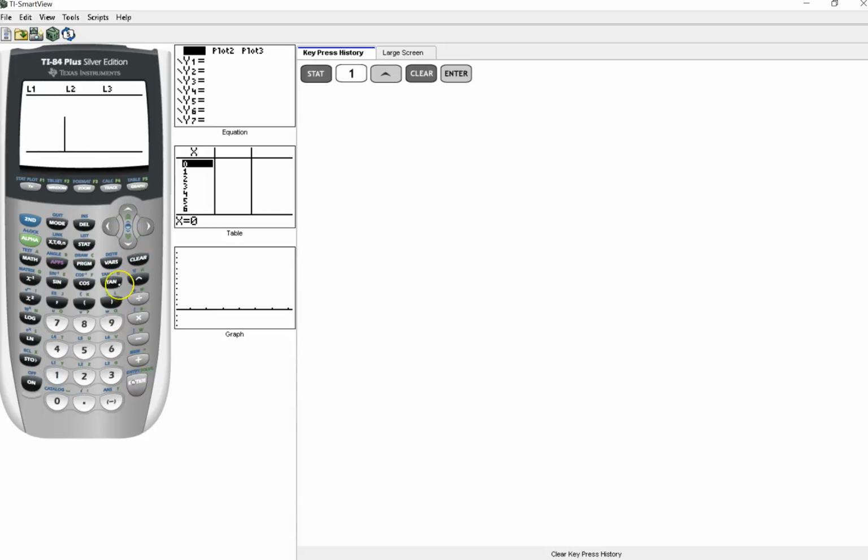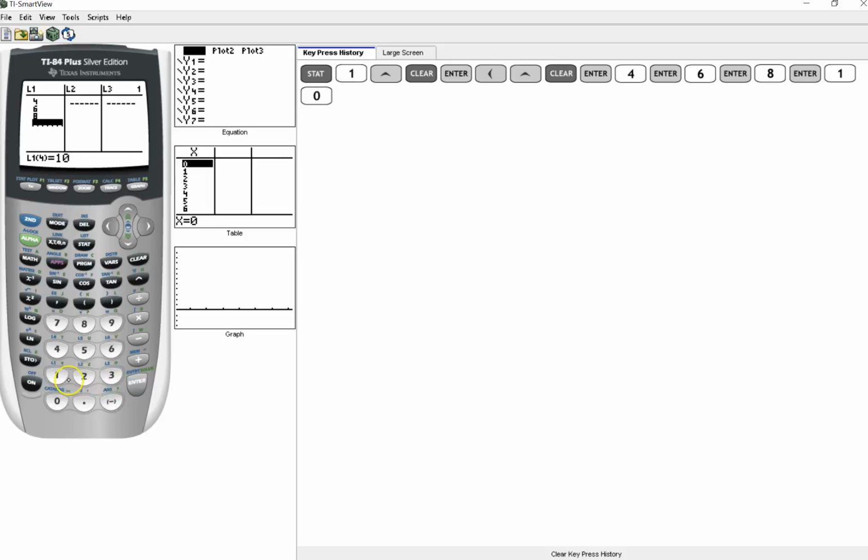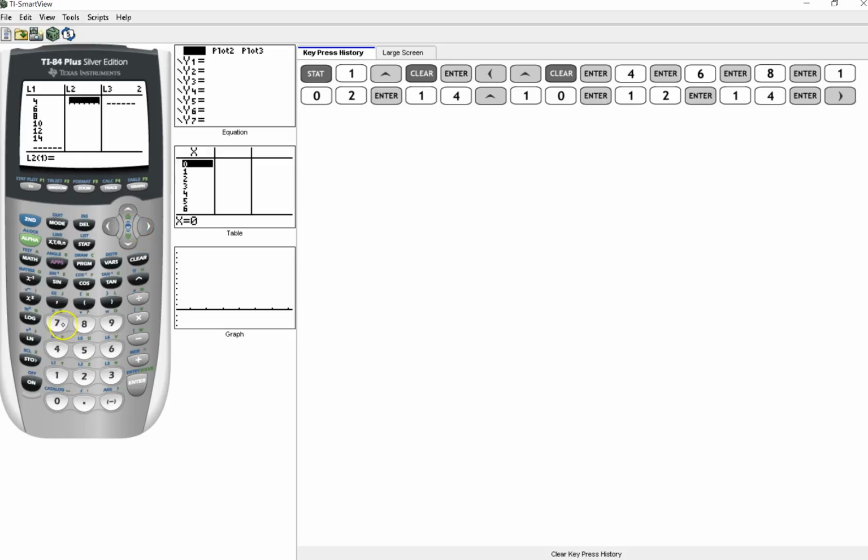Clear everything out here. In L1, I've got 4, 6, 8, 10, 12, 14. And into L2, we've got 7, 11, 16, 19, 12, and 5.